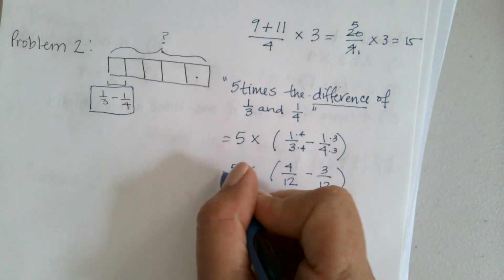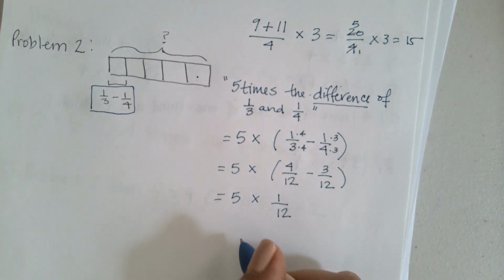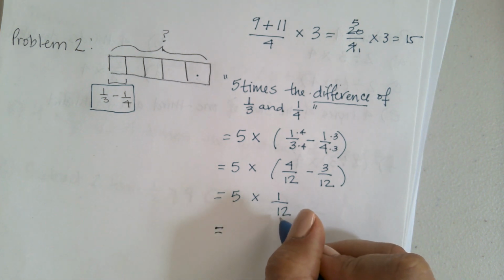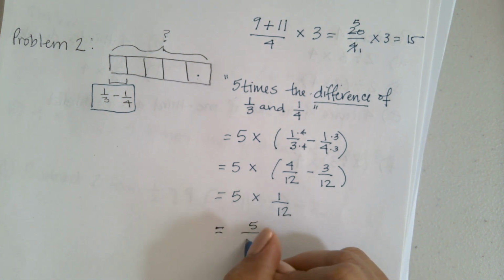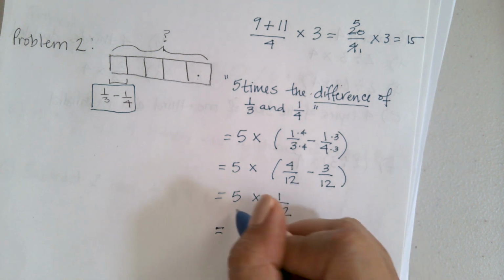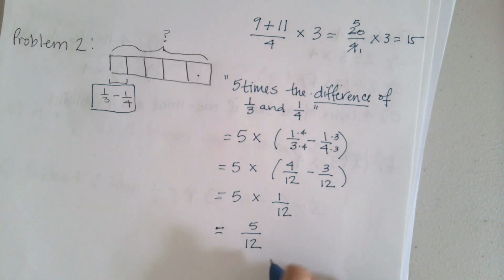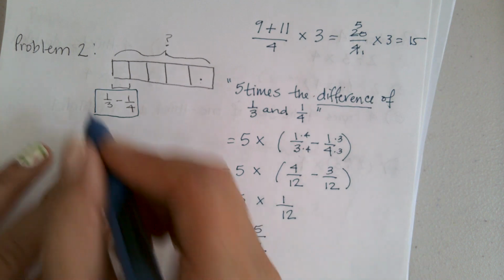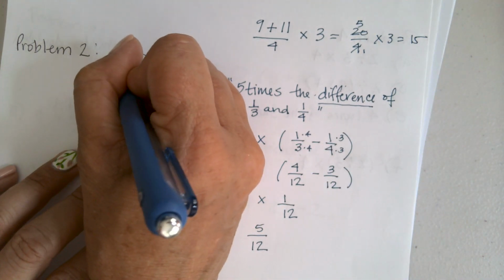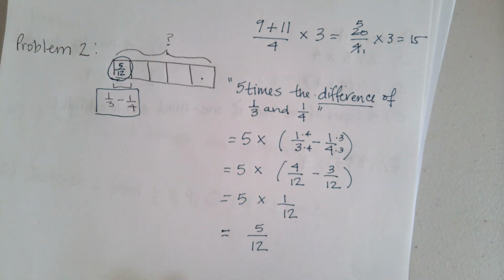All right. I'm going to add the equal sign. Then we could solve this in two different ways. We could go 5/12, right? Because that's 5 times 1/12, which is going to give us 5/12. So this section right here is equal to 5/12. So now you have to take 5/12 and do what with it?